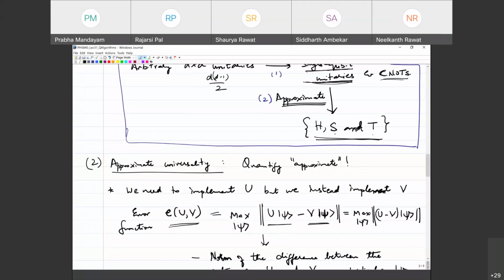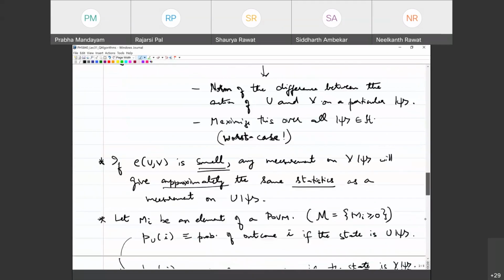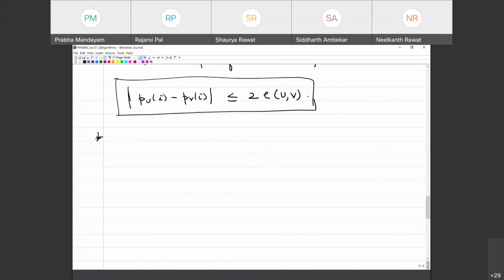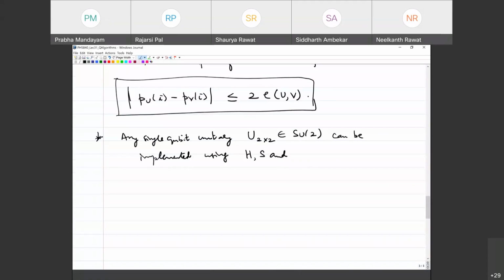So the statement of universality will then be that any single qubit unitary, which is any U which is a 2 cross 2 unitary which belongs to SU(2), can be implemented using H, S, and T to arbitrary accuracy in E(U, V).